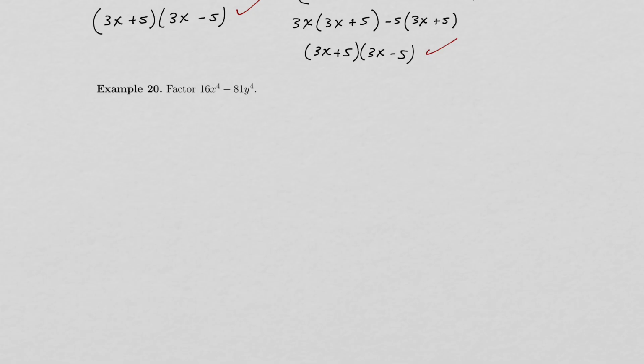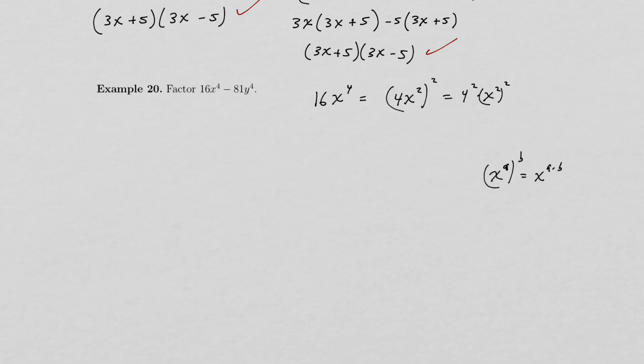So 16x to the 4th can be thought of as 4x squared, all squared, because that'd be the same thing as 4 squared times x squared squared. I have to remind you guys of some of the rules for exponents. If I have x to the a raised to the b, the rule is you multiply the exponents together.